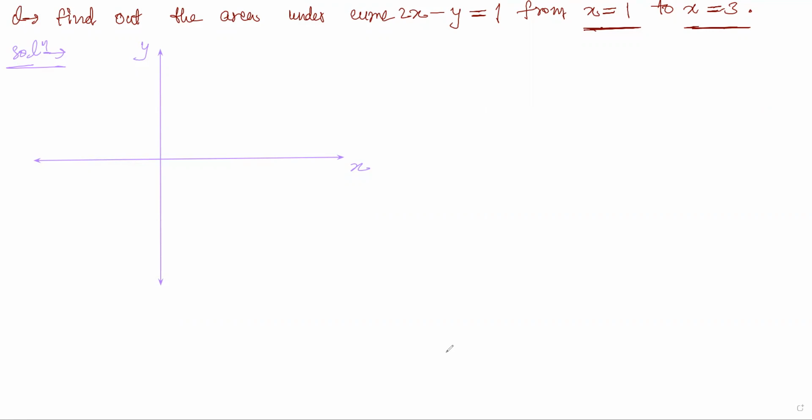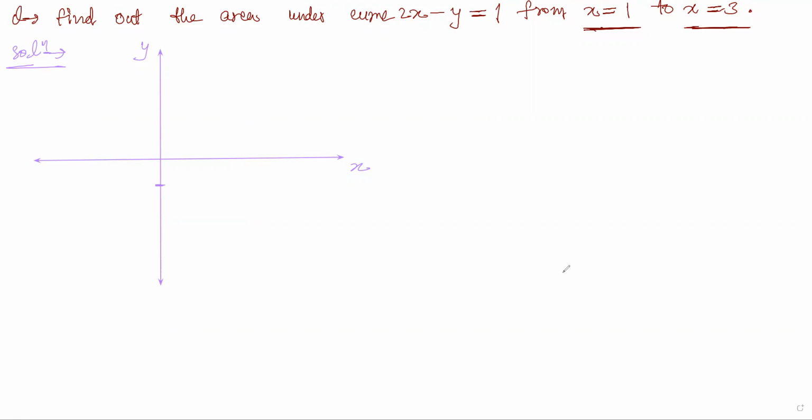Yeah, correct. So 0, -1. It is always a good idea to put x as 0 first, so y is -1. So this is the point 0, -1. Another point you told is 2, 3.